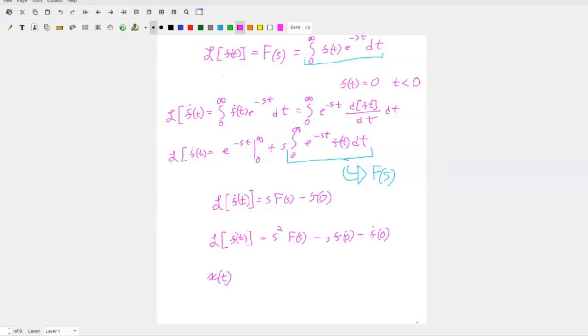But now I want x of t. I want to know how my system moves. So that's just equal to the inverse Laplace of capital X of s. That's my solution, my output in the s domain.